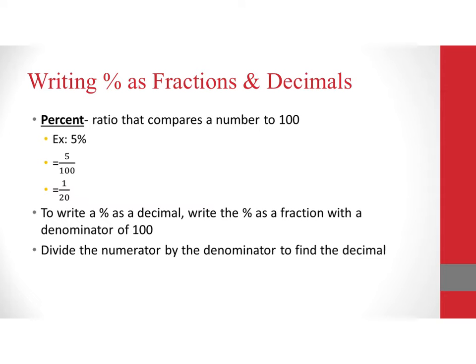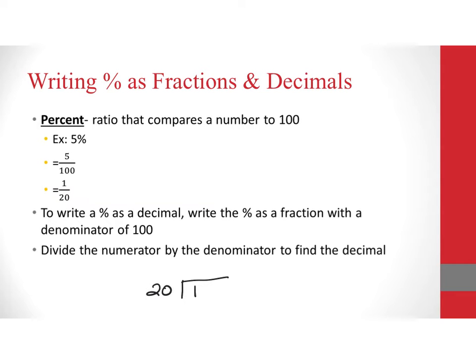So to write a percentage as a decimal, the first thing you need to do is write it as a fraction over 100. And then we're going to divide the numerator by the denominator to find the decimal. So if I wanted to do that with this example here, I'm going to take my numerator and divide that by my denominator.